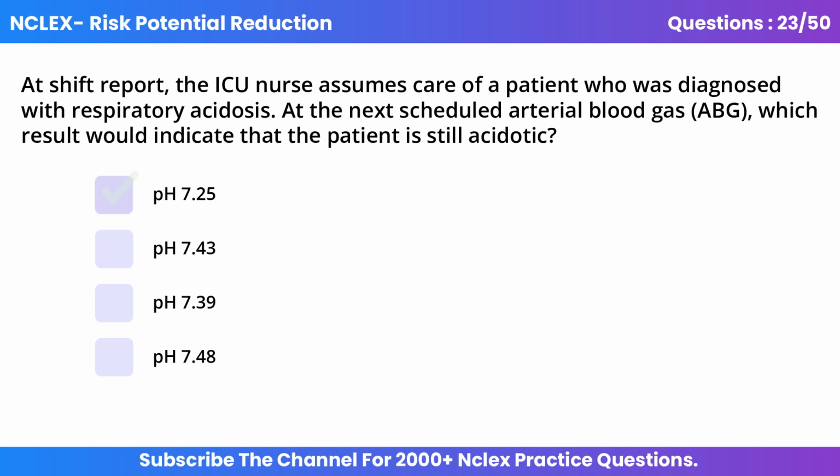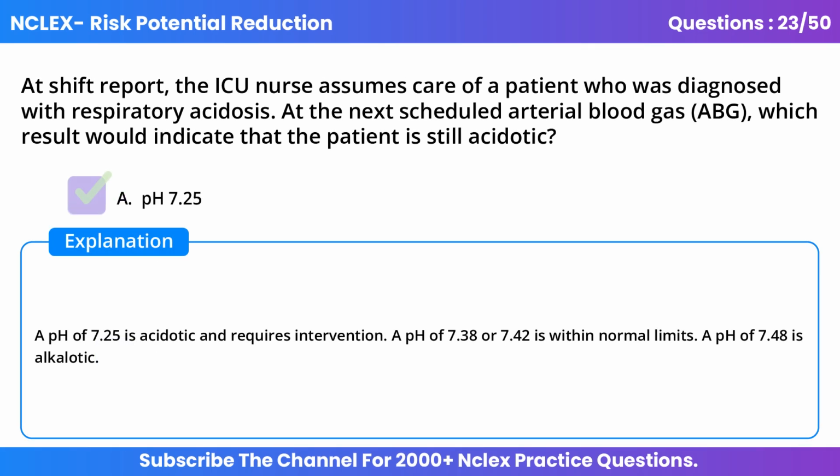A. pH 7.25. A pH of 7.25 is acidotic and requires intervention. A pH of 7.38 or 7.42 is within normal limits. A pH of 7.48 is alkalotic.